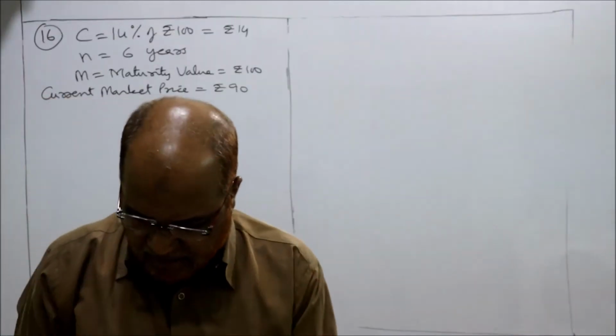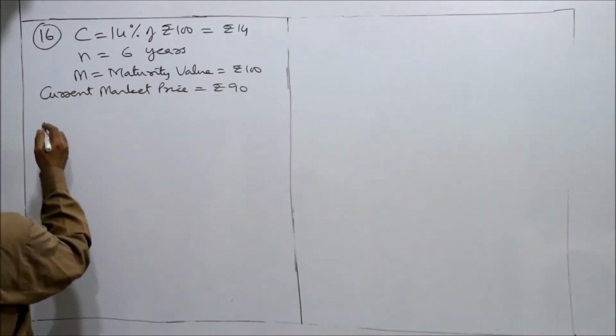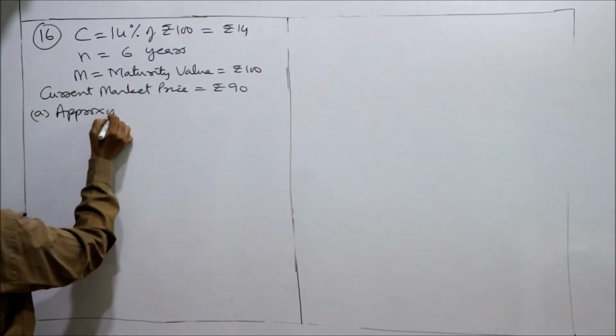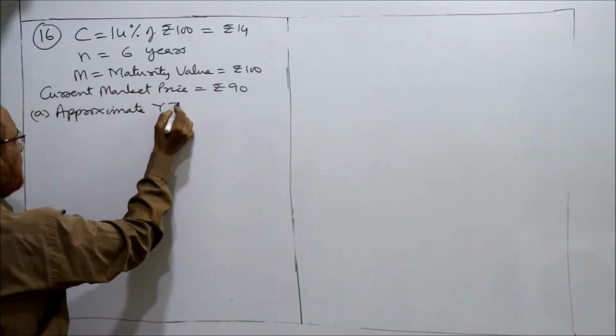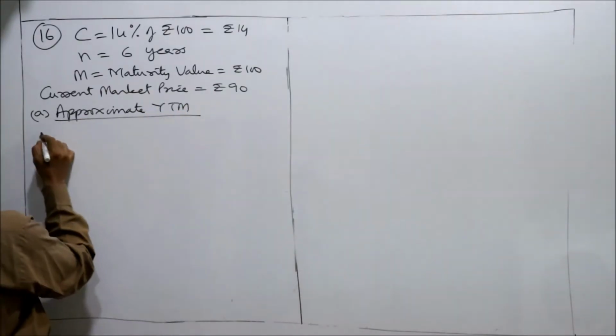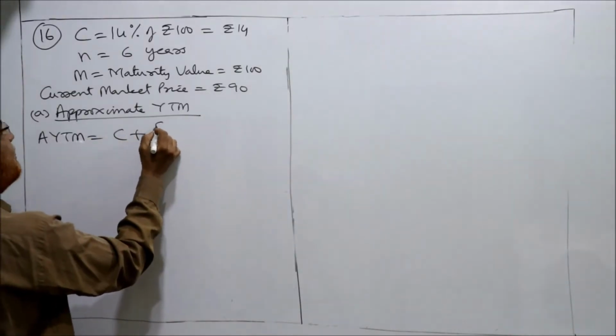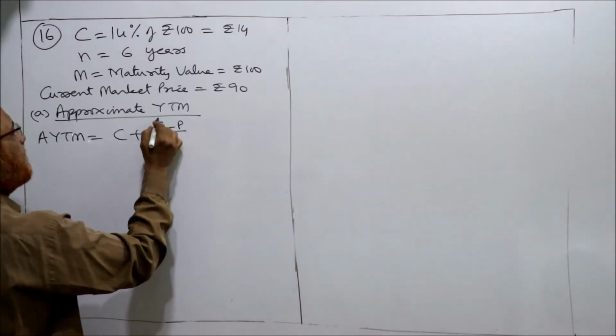Now first, easily we can calculate the approximate YTM. AYTM is equal to C plus (F minus P) by N, divided by (F plus P) divided by 2, into 100.